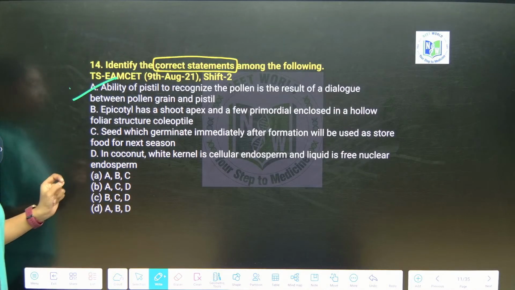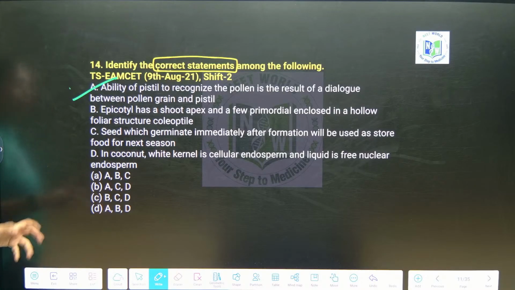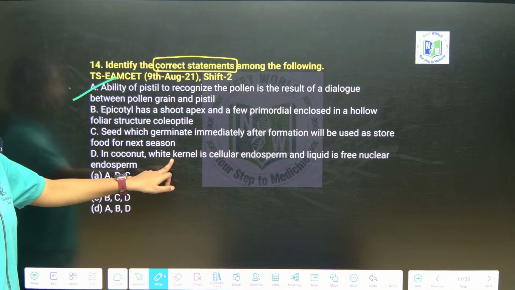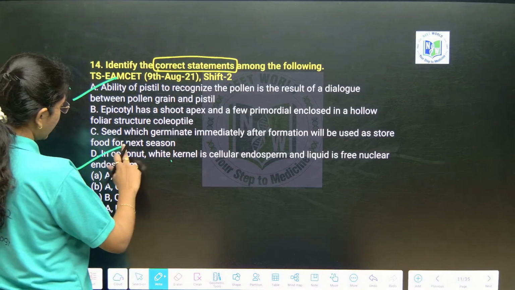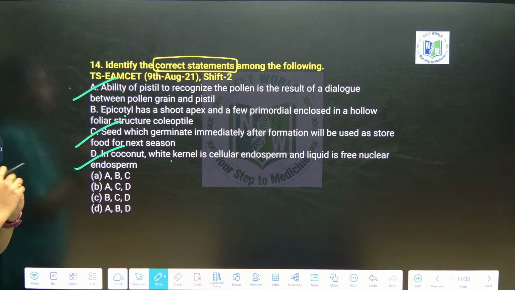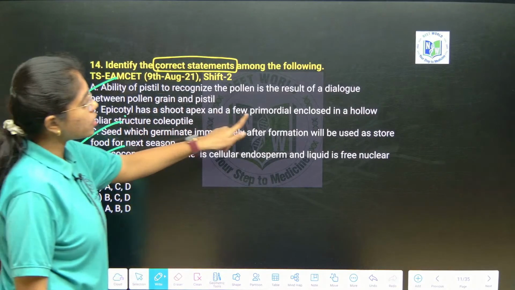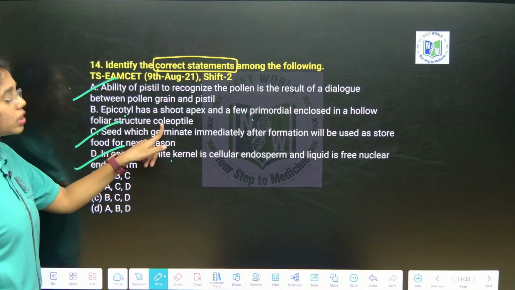Seed which germinate immediately after formation will be used as store food for the next season. D you look into. In coconut, white kernel is cellular endosperm and liquid is free nuclear endosperm. Option D is correct and C is correct. Epicotyl has a shoot apex, that is true, and it has few primordial cells, but these are not enclosed in the coleoptile.